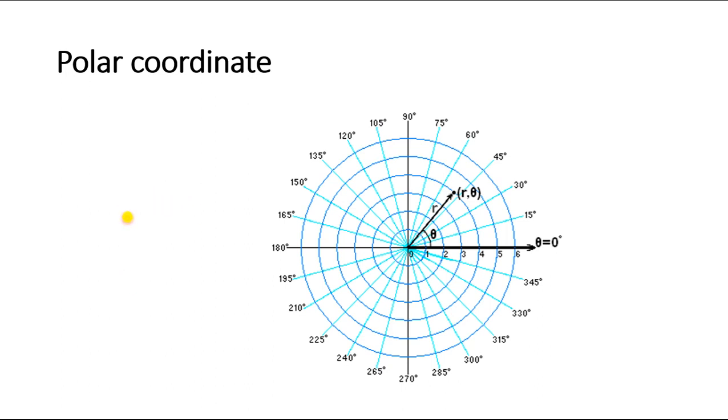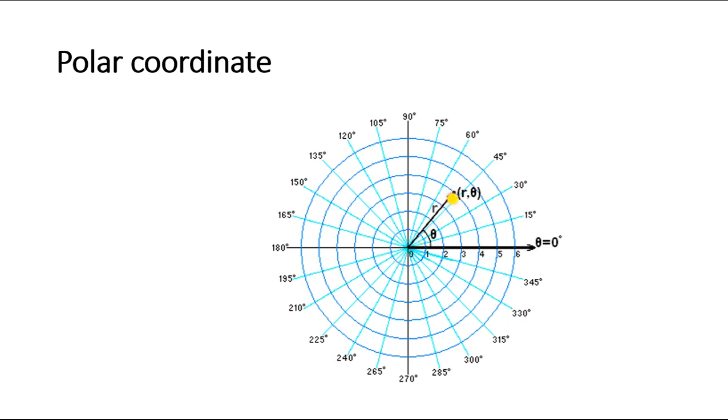In Cartesian coordinates, there are two coordinates, x and y, but in polar coordinates, there are two coordinates, r and theta. Any angle begins at the ray theta equals 0, the initial ray.